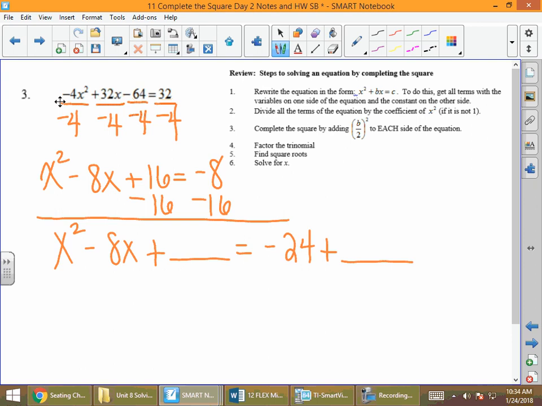Let's figure out what goes in that blank. By the way, if you want to write it as a box, write it as a box. But what's going to go in that blank is -8 divided by 2 is -4 and squared. And -4 squared means -4 times -4, which is positive 16.